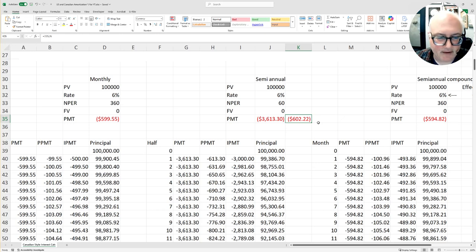If it's a monthly payment, it's $599 a month. If it's a semi-annual payment, it's $3,600 every 6 months, which works out to, in this case, $602 per month, averaged out over 6-month blocks of time. So far, so good. But here's where it gets weird.